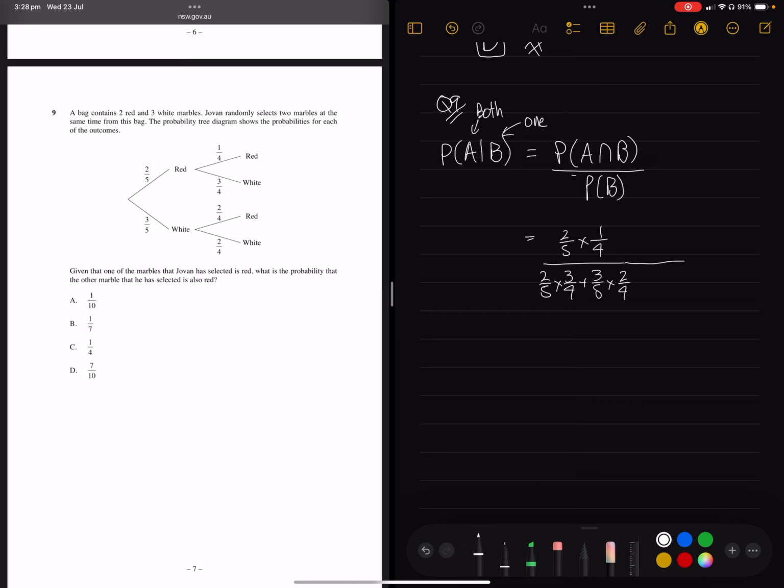So this will be plus 2 on 5 times 1 on 4. So this will be 2 on 20 over, we've got 6 plus 6 is 12, 13, 14, 14 on 20. This gives us 2 on 14, which is 1 on 7. So therefore the answer is B, which is 1 on 7.